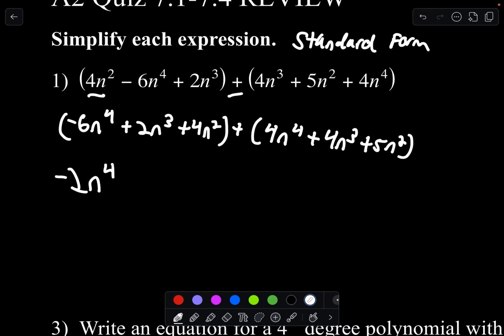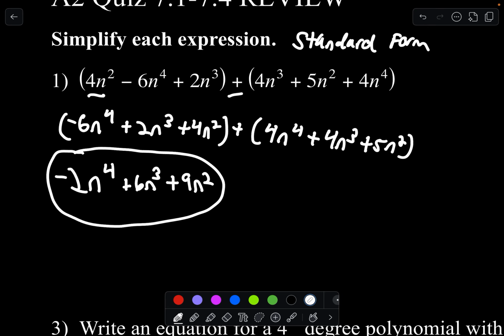That is 6n to the third. Then lastly, we have 4n squared plus 5n squared, which is 9n squared, and that is the sum of those two polynomials in standard form.